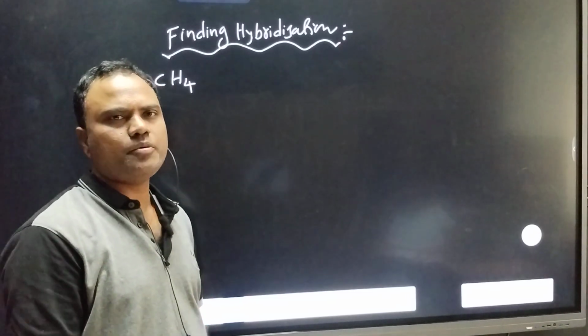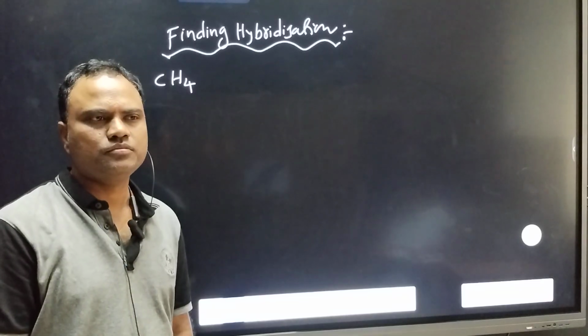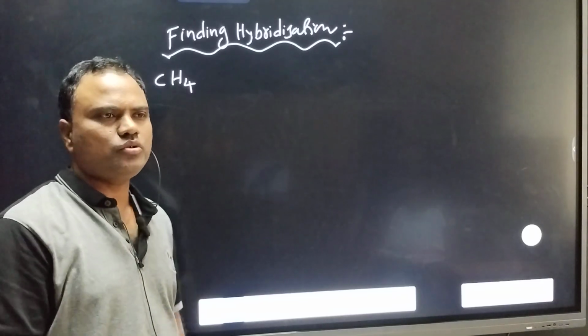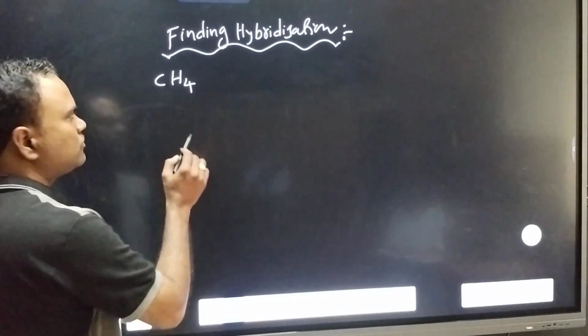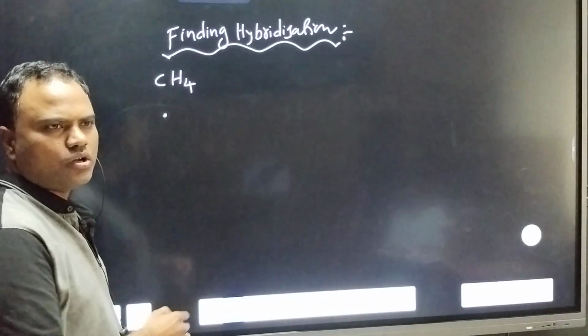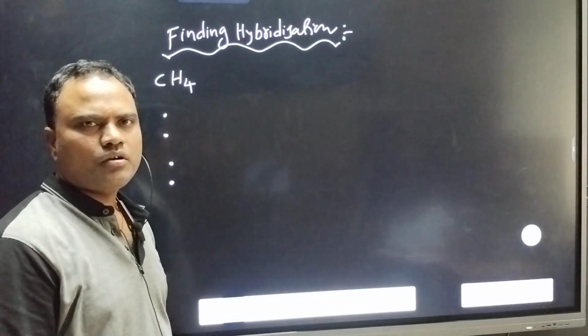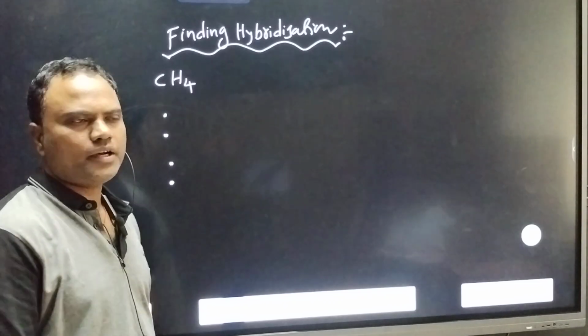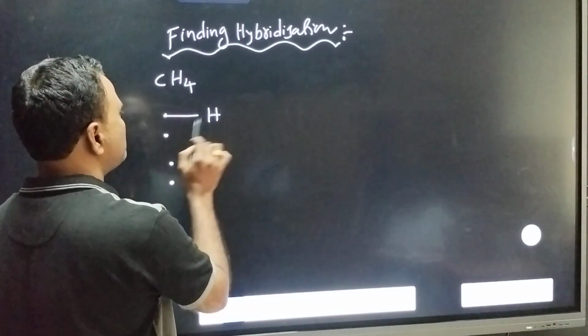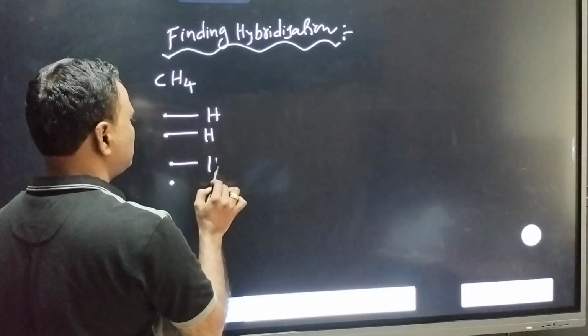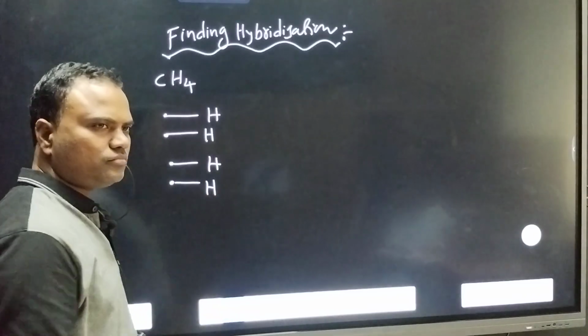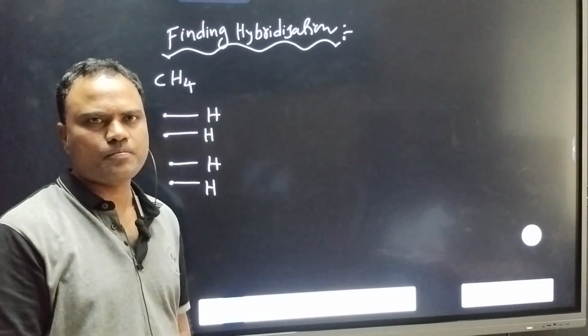Fourth group. So keep four dots: one, two, three, four. What are the surrounding atoms? Hydrogen. These are the surrounding atoms.